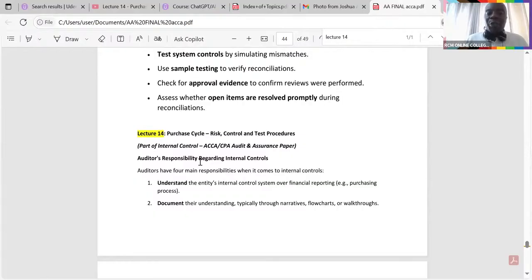So the auditor's responsibility regarding internal controls is, number one, to understand the entity's internal control system over financial reporting, e.g. the purchasing process. Then number two, whatever we understand, we shall always document. The understanding shall be documented, typically through narratives, flowcharts, or what we call walkthroughs.